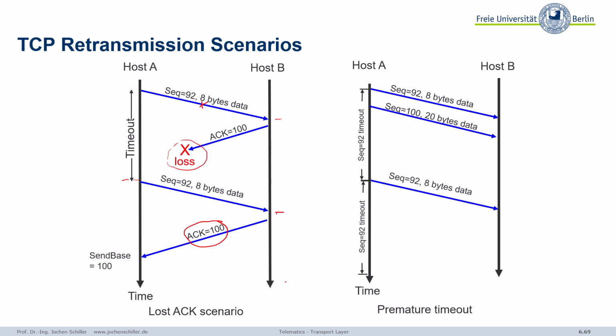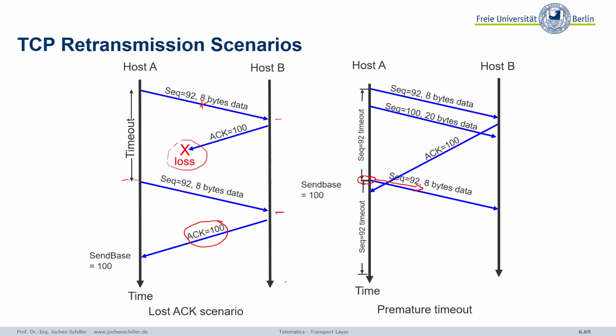What else can happen? For example, I send my data, first 8 bytes, then 20 bytes. I get a timeout. That's maybe premature because there's an acknowledgement coming. Wow, I just missed it. I already sent it out again.